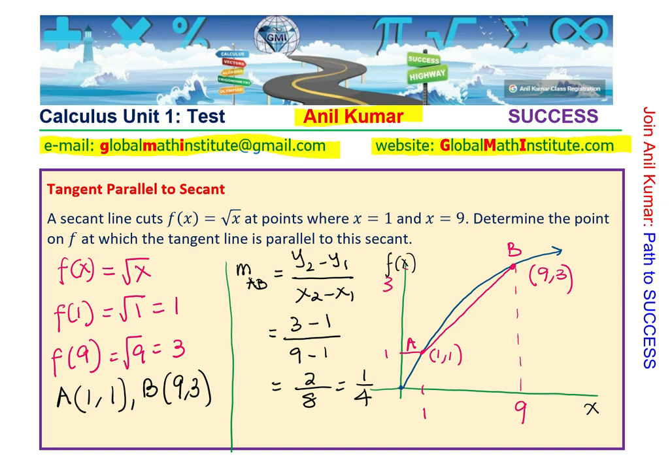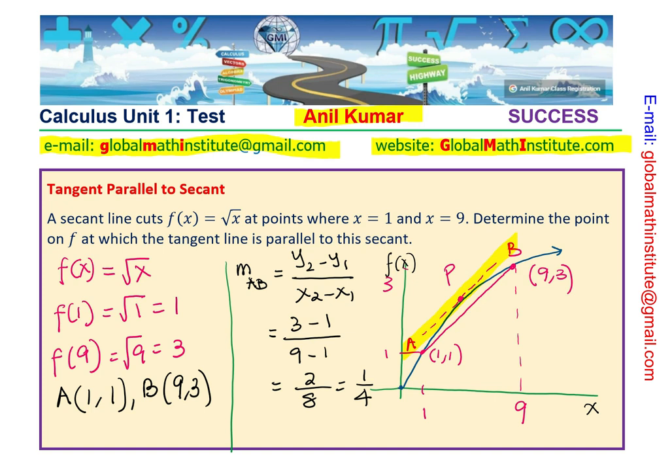Now we need to find a point on this function where the tangent is parallel, right? So basically we can draw a line which is parallel to AB, something like this. You see that? And then we need to find this particular point where it is parallel to the secant line. Let's call this point P, which we need to find.